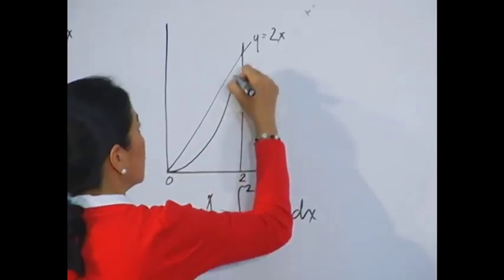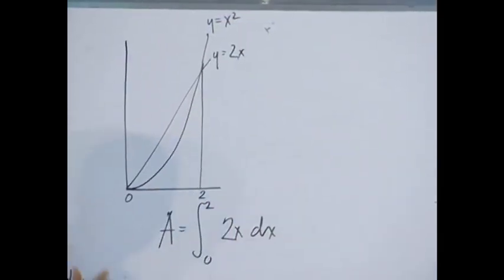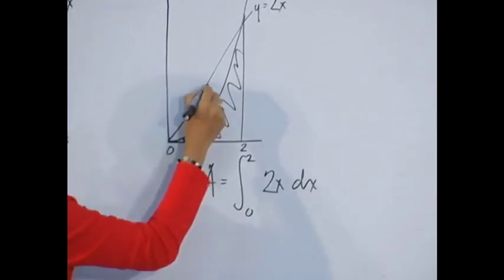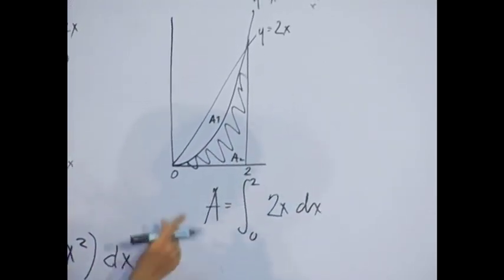And then we added a second one, y equals x squared. If we're just going to get this region, say that is area 1 and this is area 2. Area 1 is the whole triangle.